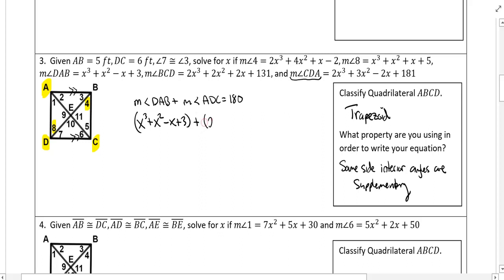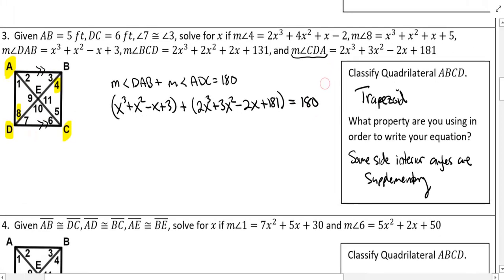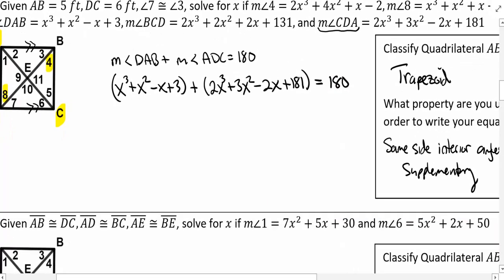So 2x to the third plus 3x squared minus 2x plus 181. All that equals 180. Combine like terms. We end up with 3x to the third plus 4x squared minus 3x plus 184 is equal to 180.